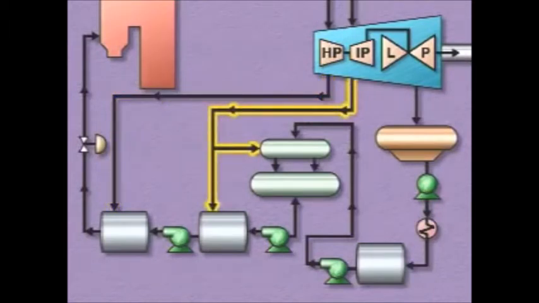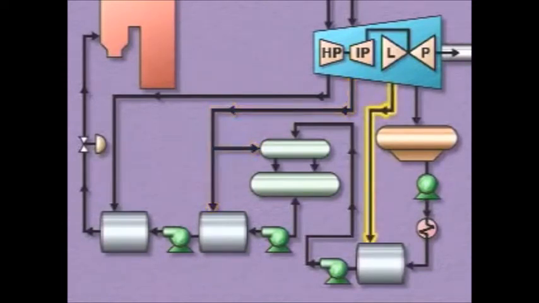Steam from the intermediate pressure section of the turbine is generally used in the intermediate pressure heaters and in the deaerator. Steam from the low-pressure section of the turbine is used in the low-pressure heaters. Heating the condensate and feed water with the steam from the different sections of the turbine increases overall plant efficiency.